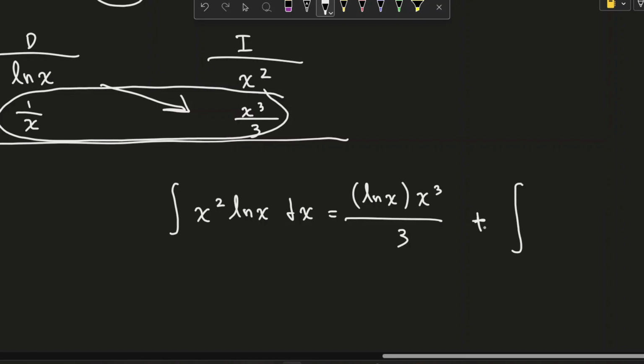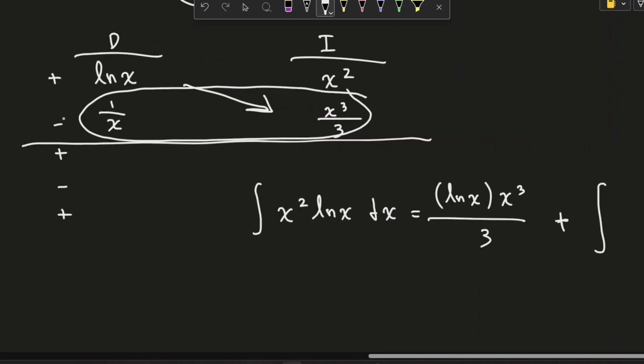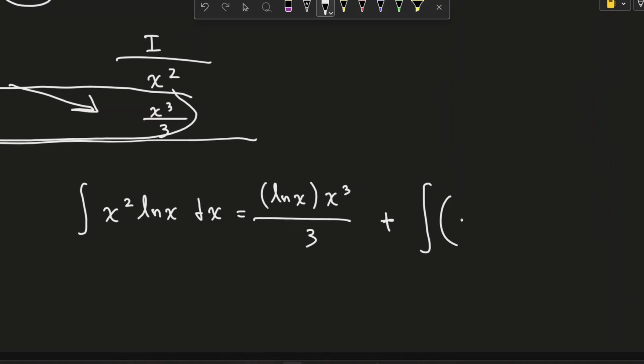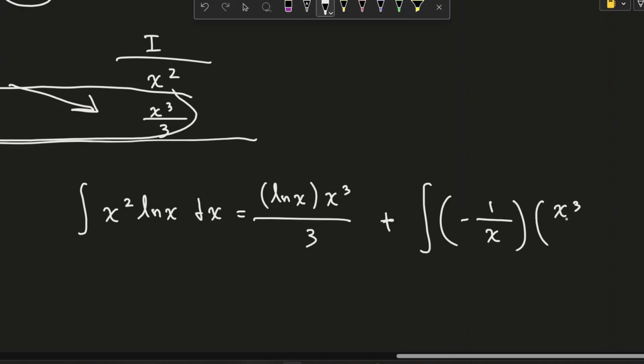So it's actually plus, not minus, because as you can see there's a minus over this point. So it's plus the integral of 1 over x and x cube over 3 dx.